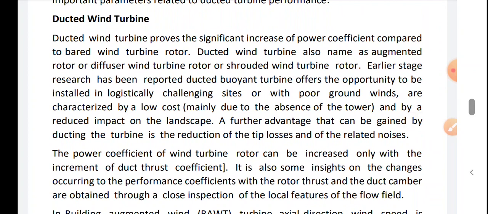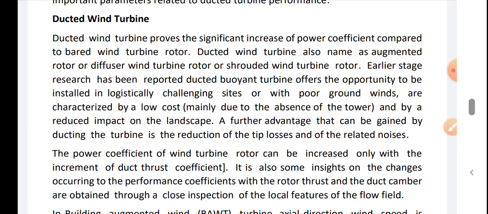In this topic, we have already discussed that the ducted turbines prove a significant increase of power coefficient, and also these can be used in low pressure regimes.